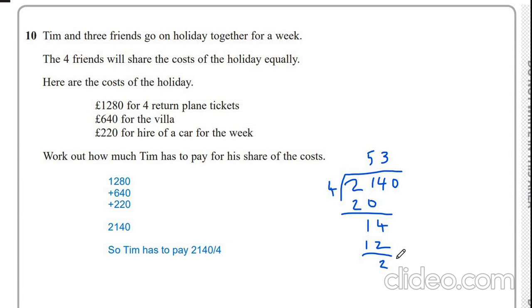Remainder 2, bring the 0 down. 4 5s are 20. So Tim has to pay £535.